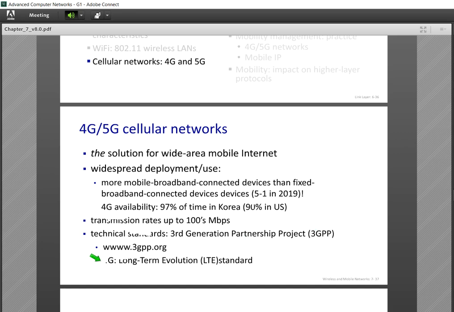In 4G we can see the LTE standard, or Long-Term Evolution standard, is dominant over cellular networks all around the world.